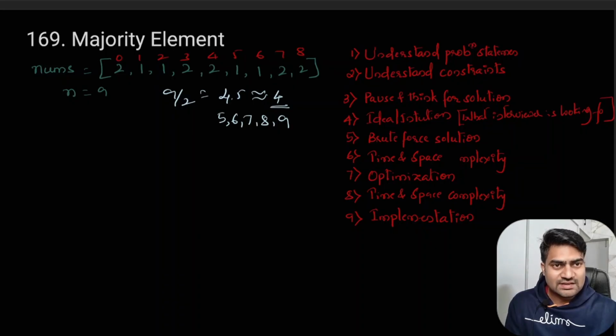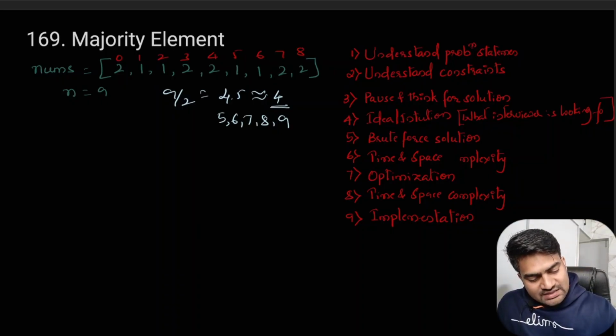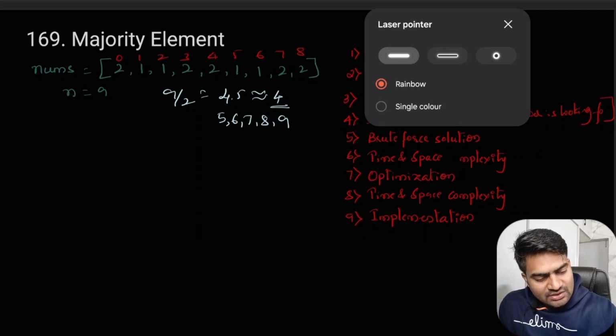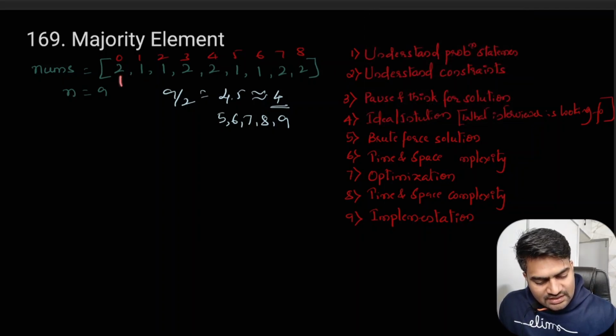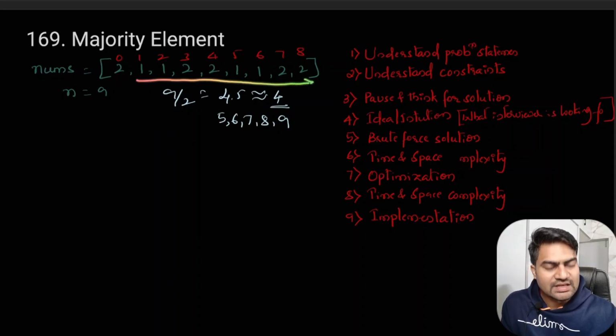What is the extreme naive solution we can think of whenever we talk about the majority element? One thing we can do is start with any element, scan throughout the array and count that particular element's occurrences.